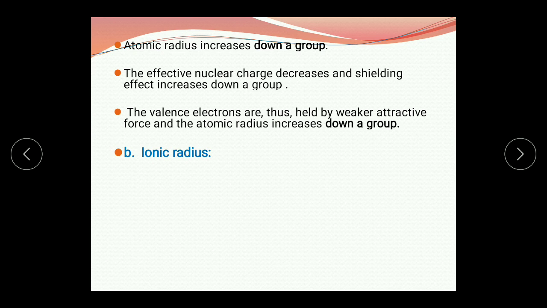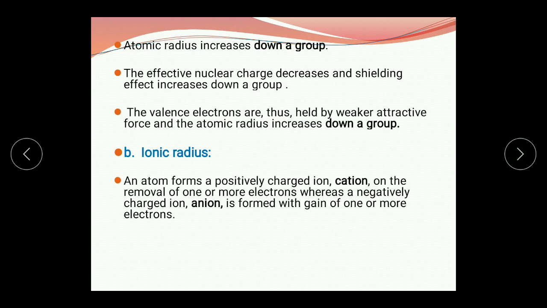What about the ionic radius? Do you know how it is formed? By the transfer of electrons. If we donate an electron, then that atom gets a positive charge, and when we accept an electron, that atom gets a negative charge.